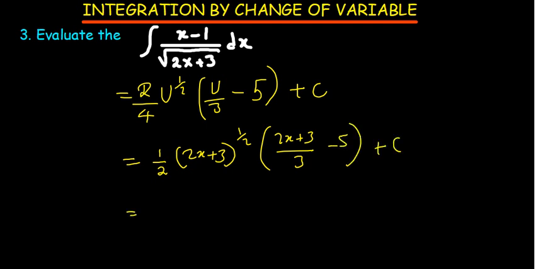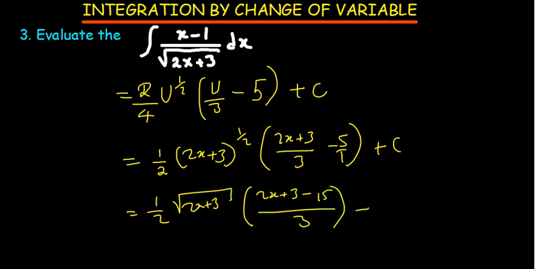And this will give us 1 over 2. I can as well write this as root of 2x plus 3. And then what we're going to have there is, this is the same as over 1, cross multiply 2x plus 3, this times this, negative 15, then over 3, plus c.